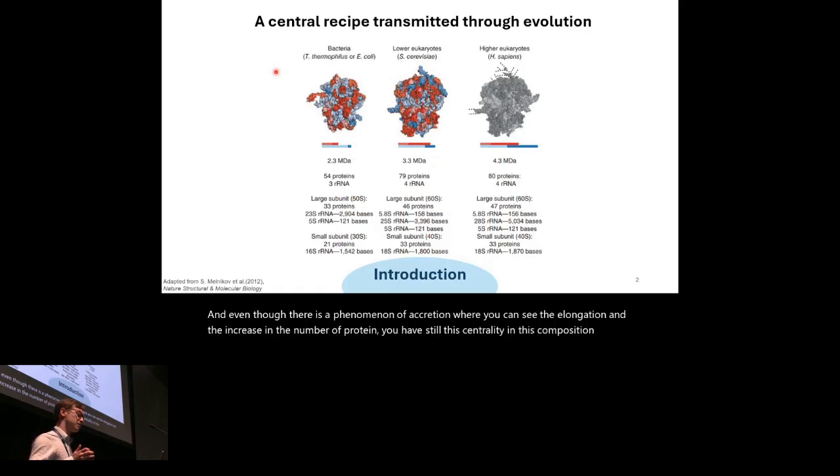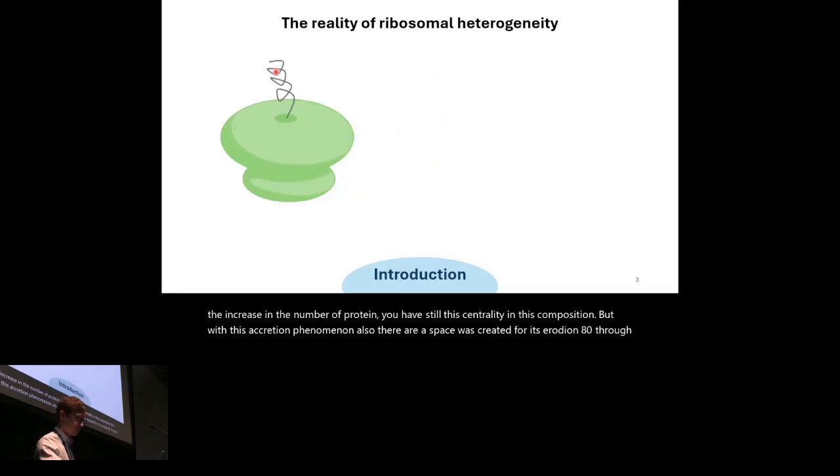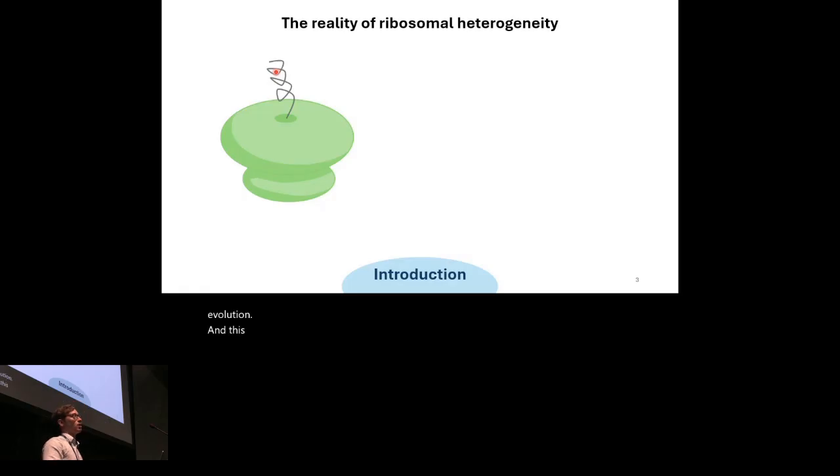But with this accretion phenomenon, a space was also created for heterogeneity through evolution. And we have had evidence accumulating about ribosomal heterogeneity for over a decade now.